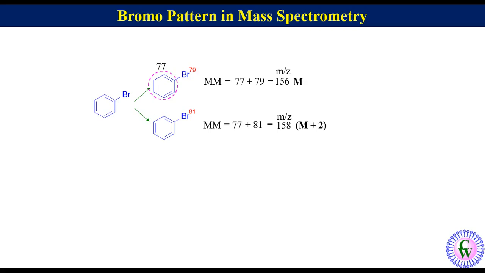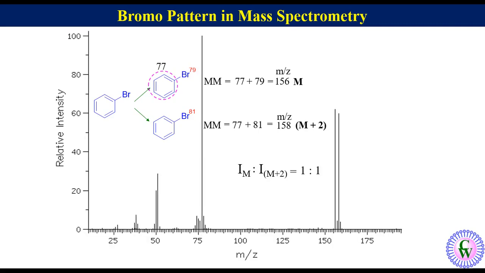The intensity ratio of M to M plus 2 peak will be equal to the relative abundance of bromine isotopes, that is 1:1. This is the mass spectrum of bromobenzene. These are two peaks, M and M plus 2, with m/z 156 and 158.